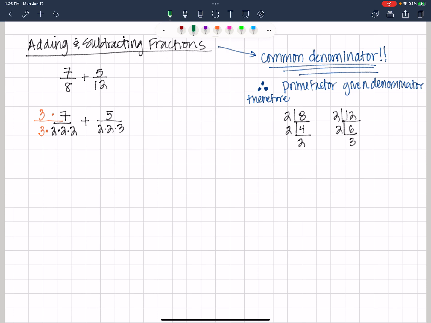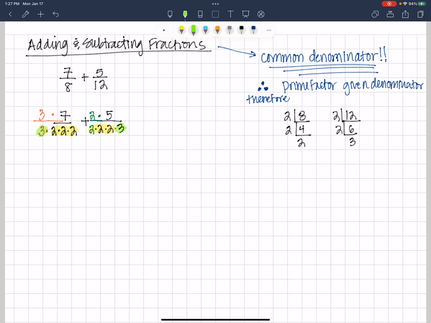The second fraction is missing a 2. The first fraction has 3 2's. The second fraction only has 2 2's. So I'm going to need to multiply that second fraction by 2 over 2. So that the denominators are exactly the same. You can see that I have 8, 3.